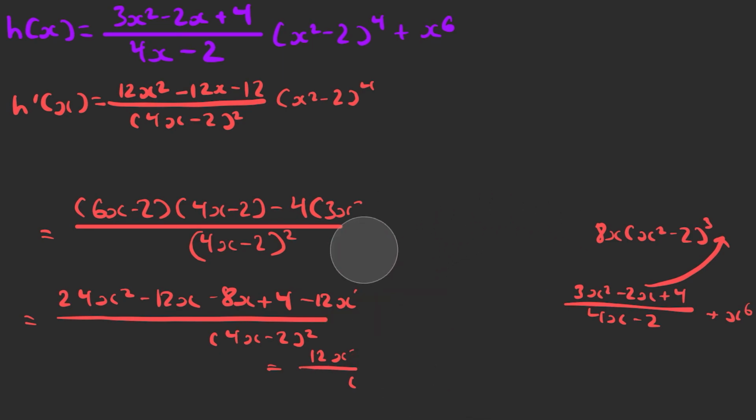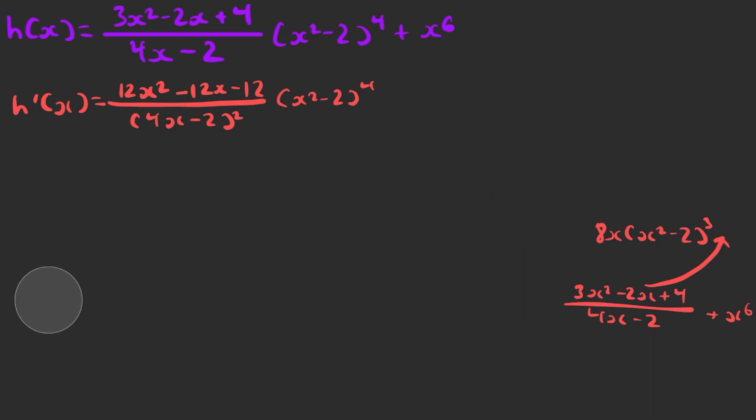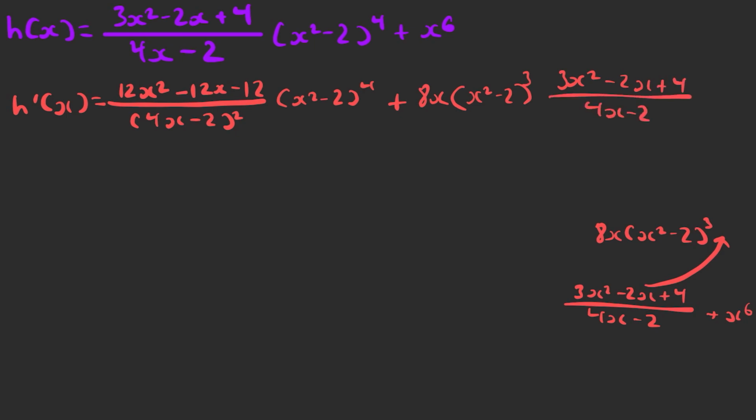And then this is plus 8x times x squared minus 2 to the power of 3 times 3x squared minus 2x plus 4 divided by 4x minus 2, and this is plus the derivative of x to the power of 6, which is 6x to the power of 5.